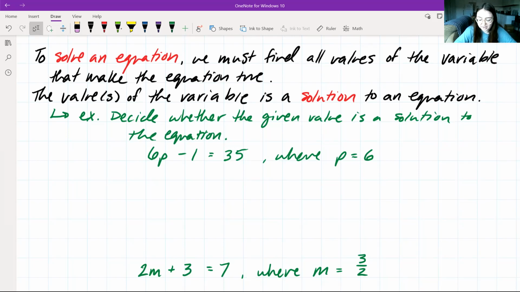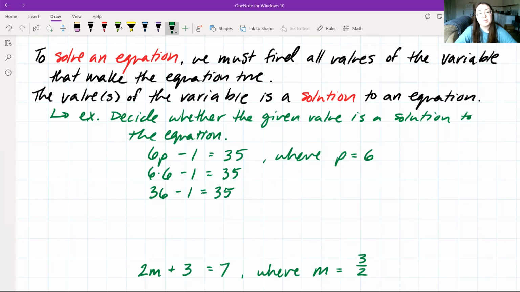So if we plug in 6 for p, this gives us 6 times 6 minus 1 is equal to 35. Using order of operations, 6 times 6 must be solved first. That gives us 36 minus 1 equal to 35.